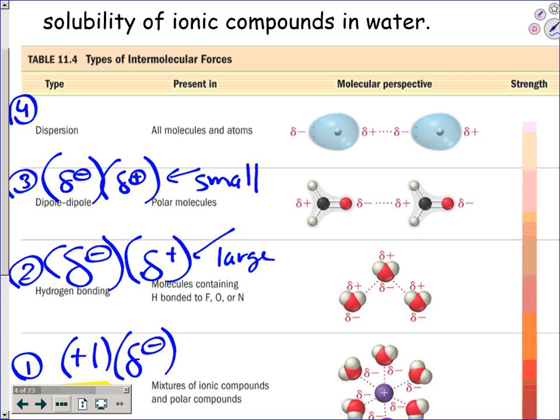But it's very transient, it's here and there and here and there. So it makes a really teeny tiny partial negative and partial positive that's temporary. And that's what's going to cause that really weak London dispersion force, which is very easily overcome by heat or looking at it. All right, so that's a quick review.